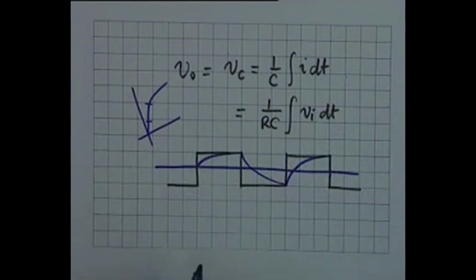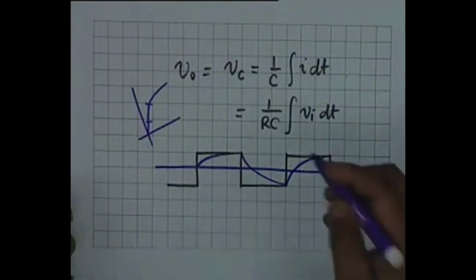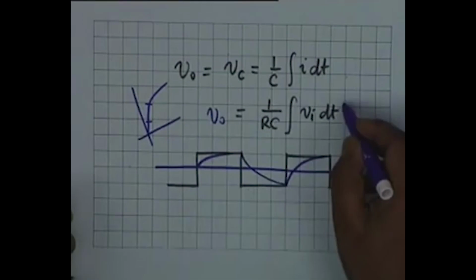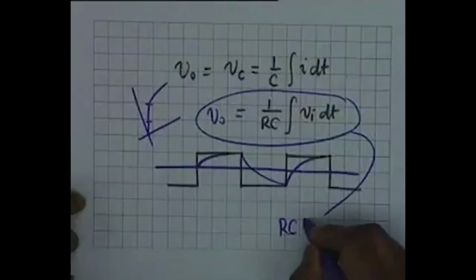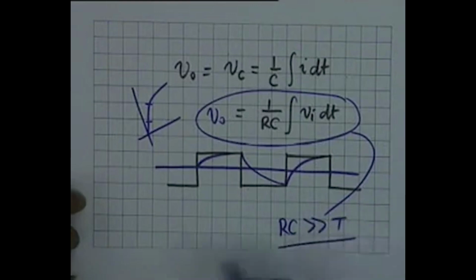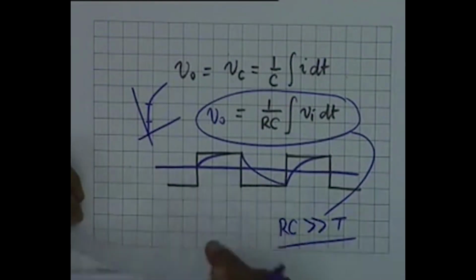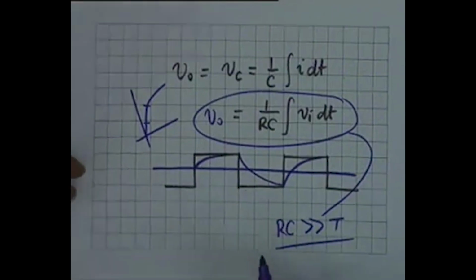This is the physical explanation of a passive integrating circuit. Now the relation V0 equal to 1 by RC integral Vi dt is valid if RC is much greater than T, and this restriction, exactly like the differentiating circuit, can be removed if you use an op-amp.